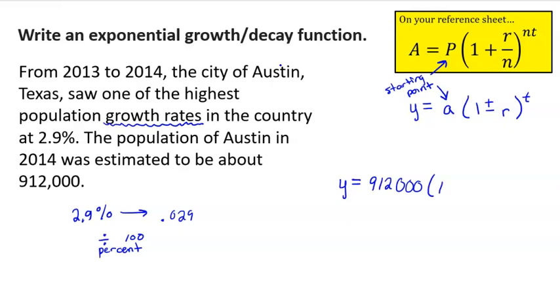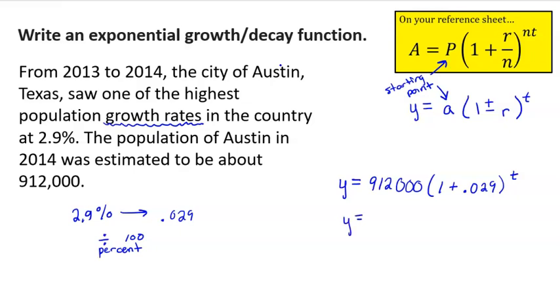So we're going to say 1, and then growing means plus, and then we have that 0.029. And then if we're just continuing that, we would just put t. And so you might write something like this.